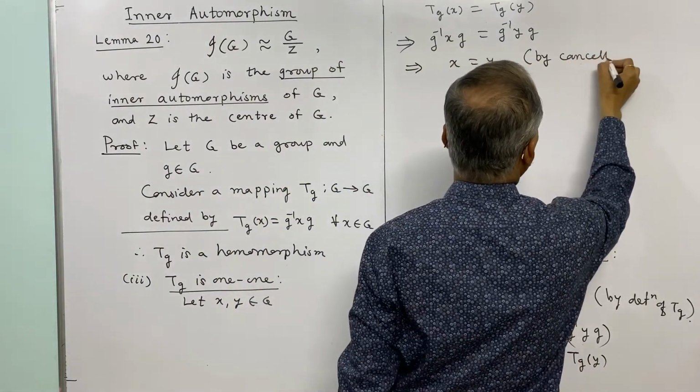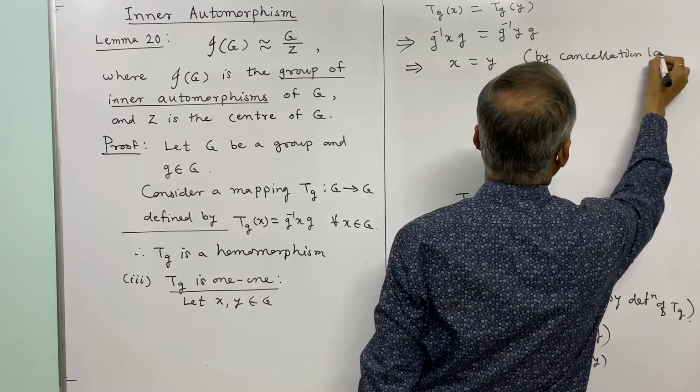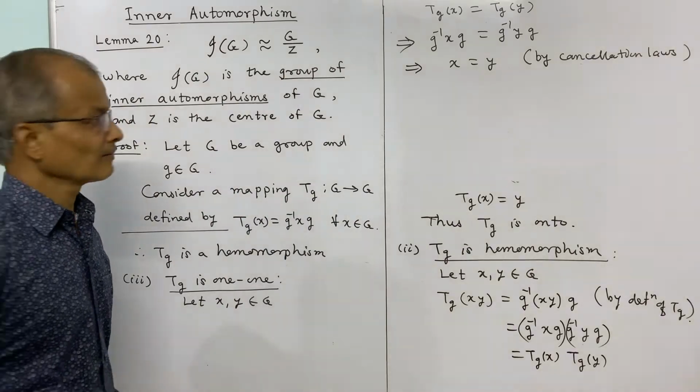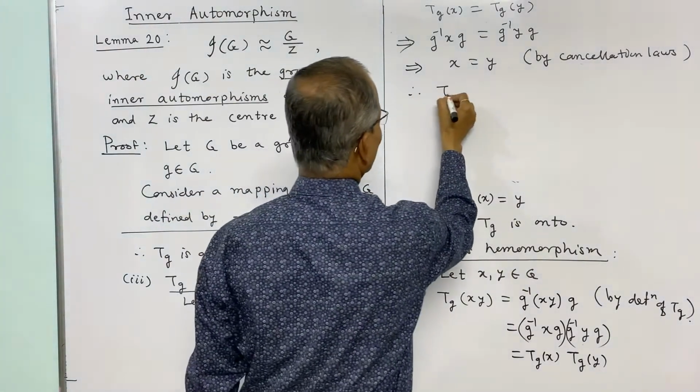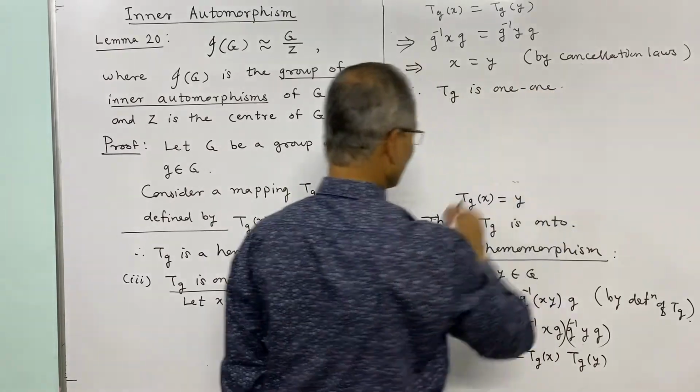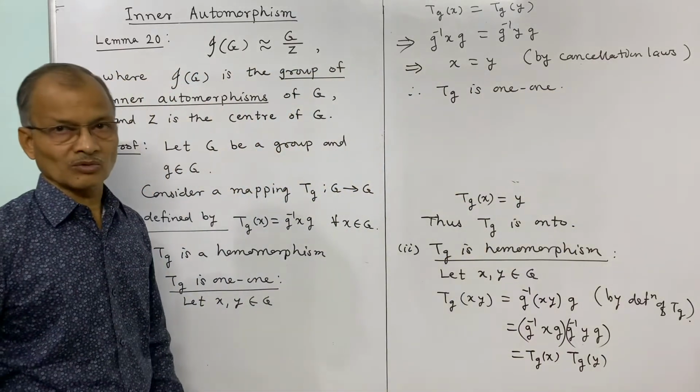And thus this shows that Tg is 1-1. We have shown Tg is 1-1, Tg is onto, and Tg is a homomorphism.